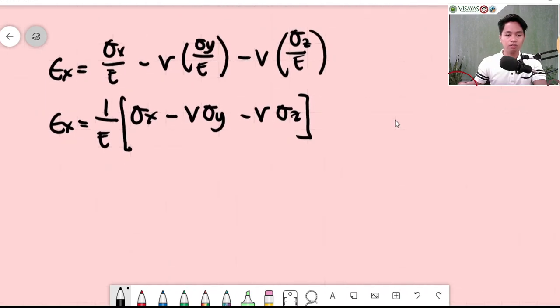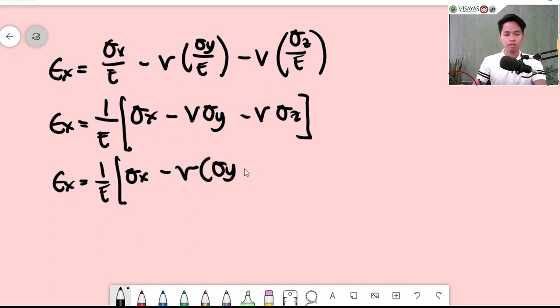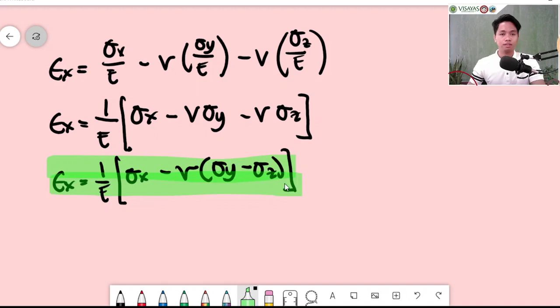Now, your Poisson's ratio is a common factor, so I'll just factor it out again. So this would be your Poisson's ratio multiplied by sigma y plus sigma z. So this is the formula in finding the total strain at x due to the multiaxial stresses on a material.